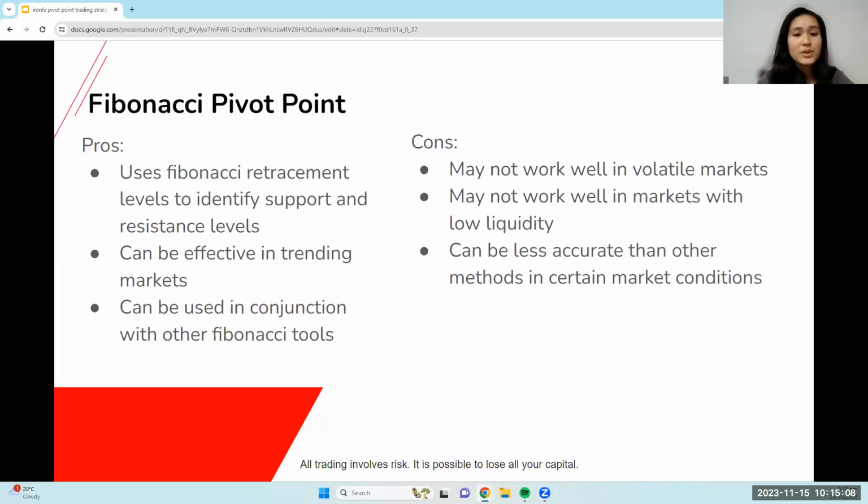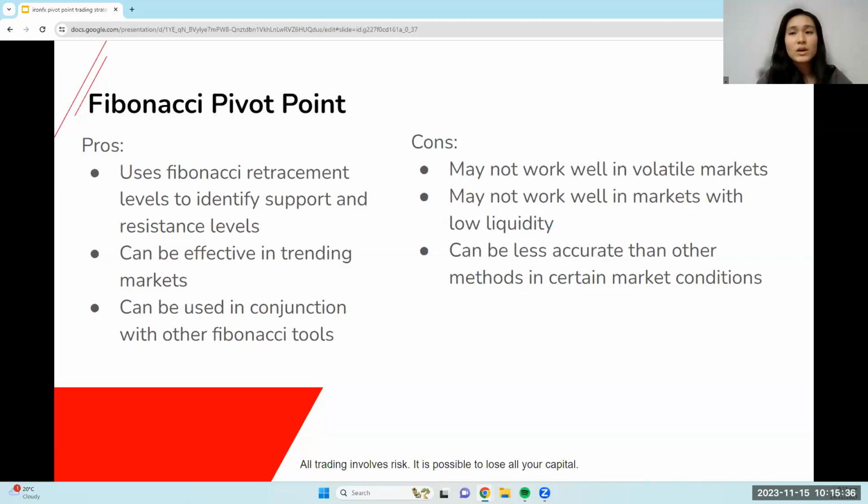Okay. Next we have the Fibonacci pivot point. This uses the Fibonacci retracement levels to identify the support and resistance levels. If you are wondering what is Fibonacci, maybe I will show you guys in a little bit. But it can be effective in trading in trending markets and can be used in conjunction with other Fibonacci tools.